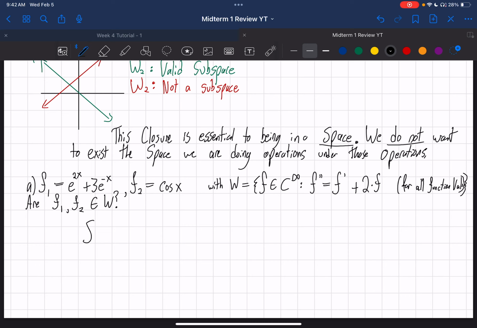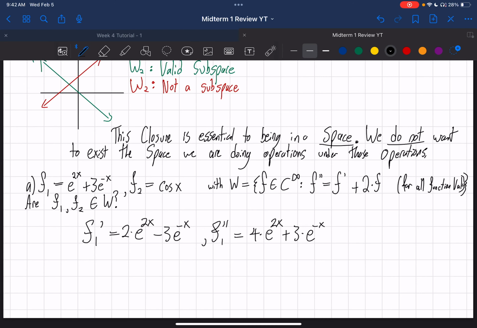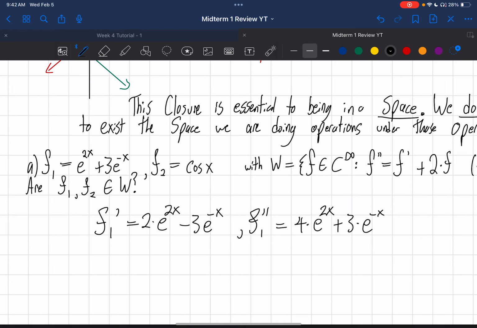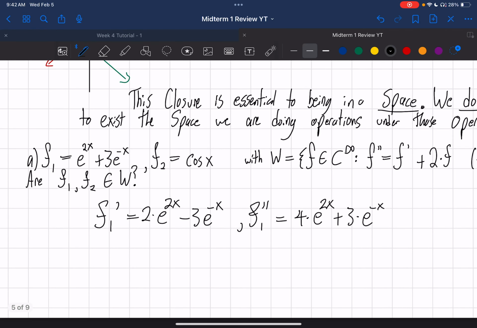We're simply going to take the derivative, which for f1 of x is 2 times e to the 2x minus 3 times e to the negative x. And then our second derivative here is 4 times e to the 2x plus 3 times e to the minus x. I hope all of you followed that. If not, definitely review. You might be cooked.